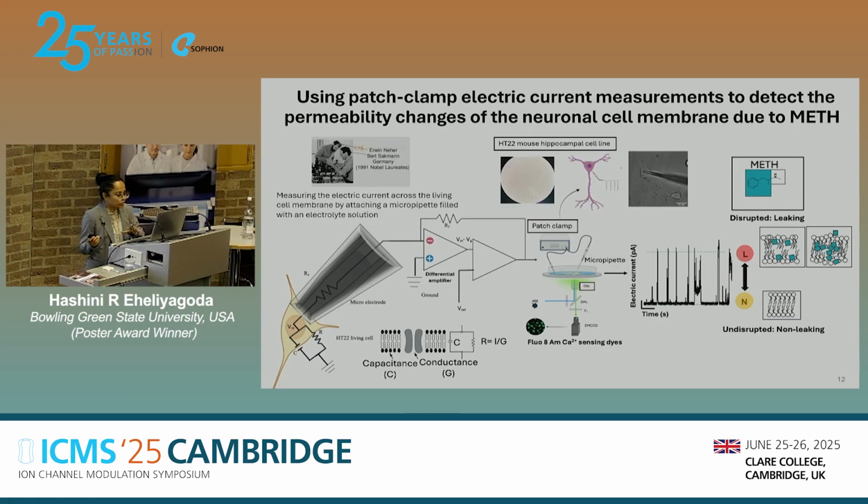But I will explain how we can use the patch clamp to study these changes, how the cell membranes interact with these small molecules. We all know that we can measure the electric current activity across the cell membrane by attaching this micropipette, and getting this electric current trajectory.